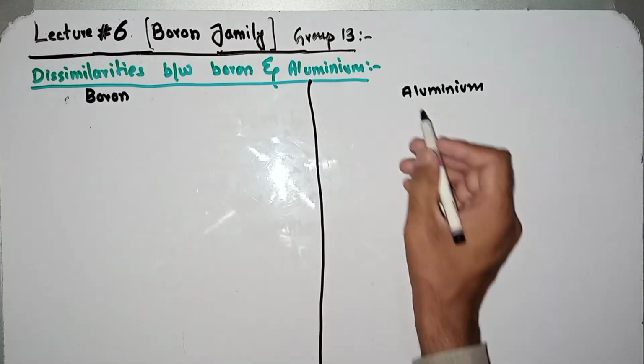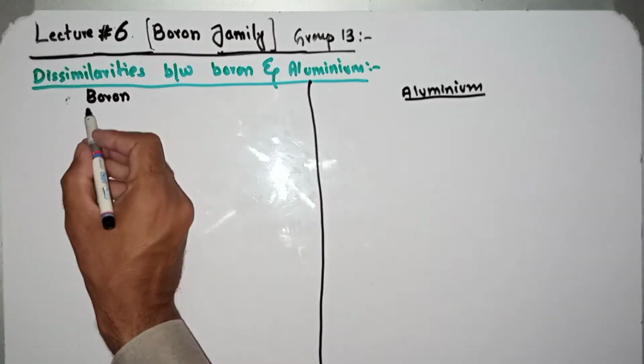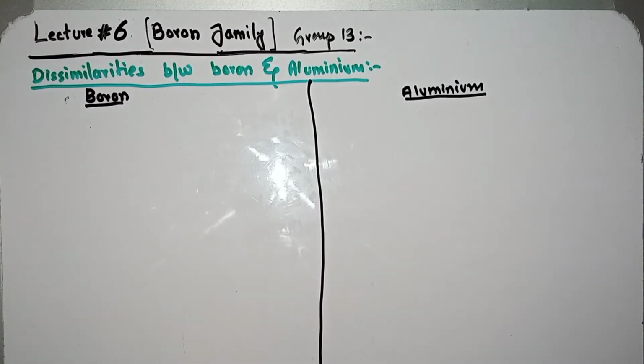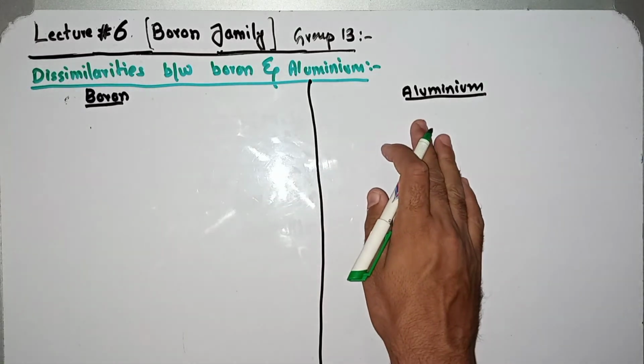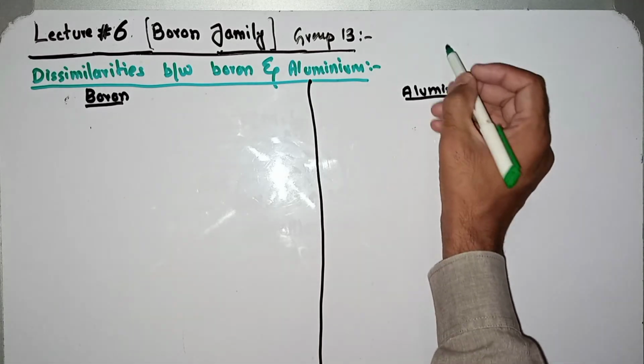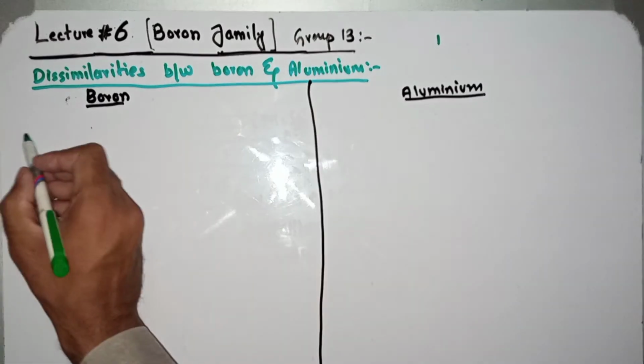Number first, there are 2 electrons in the penultimate shell of boron, while 8 electrons are present in the penultimate shell of aluminum.